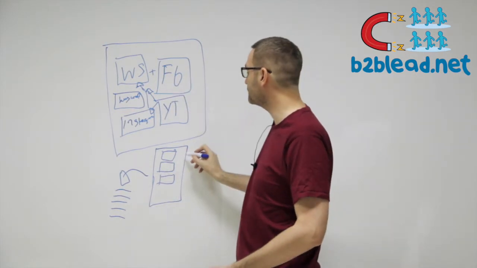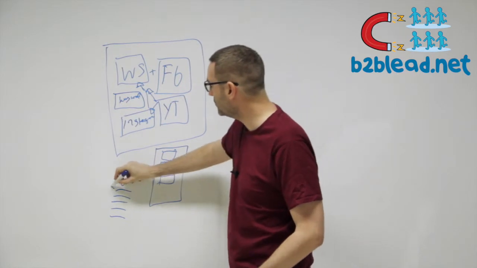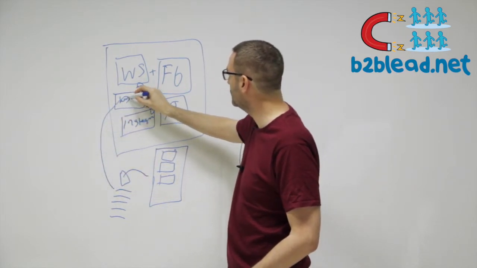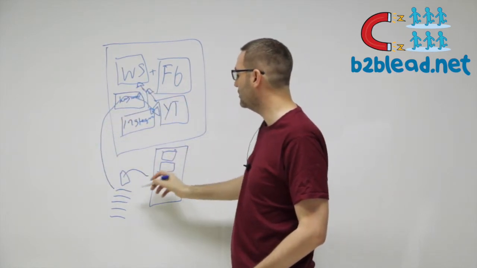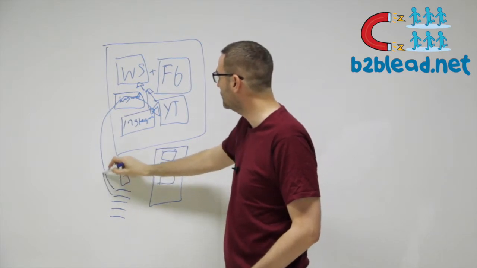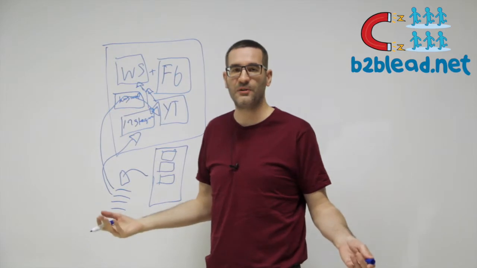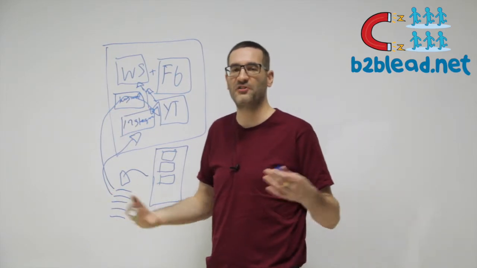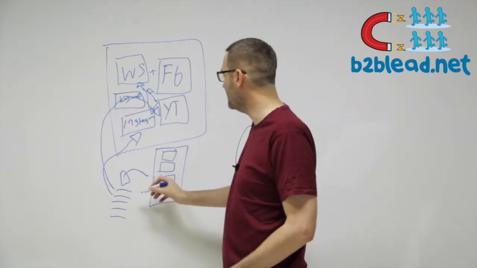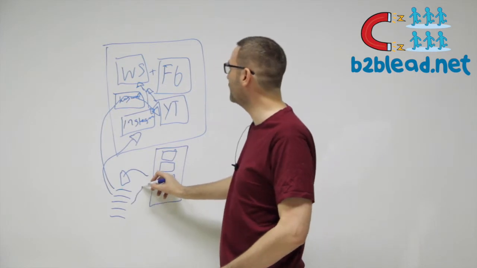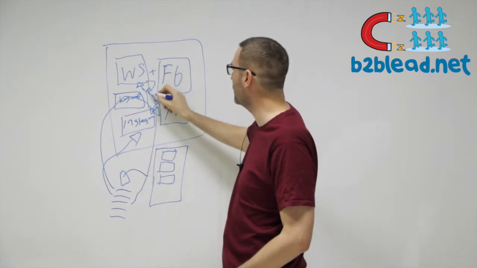Maybe on email one, you'll send them to YouTube to check out a video. Maybe on email two, you'll send them to your Instagram page to see your daily work day and what you've been doing at work. Maybe on email four, you'll take them to your website to check out a blog.